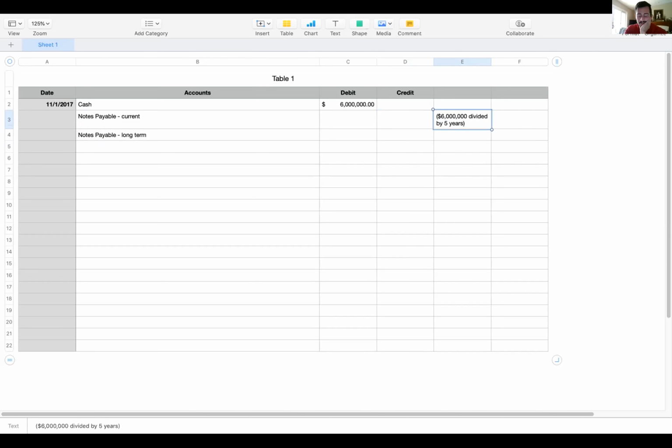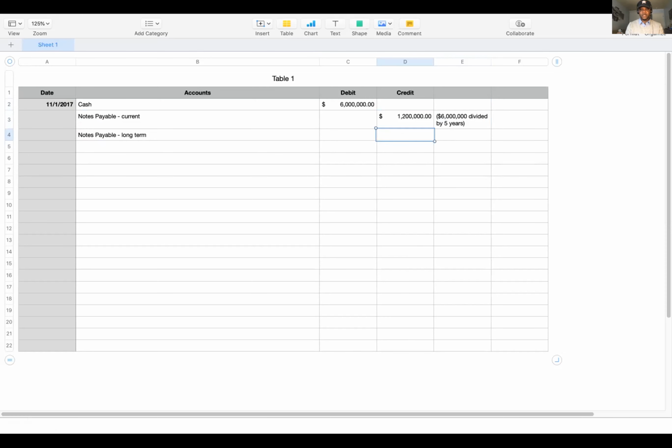Would it be 6 million divided by 5? Yes, it would be. $1.2 million is what we owe in the next year.